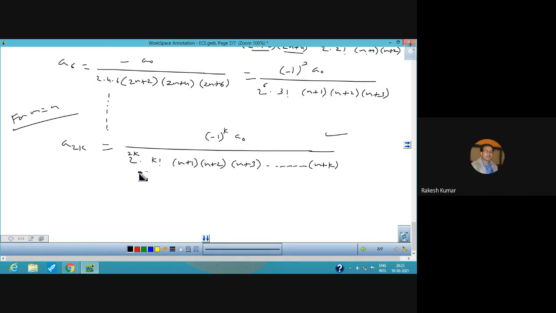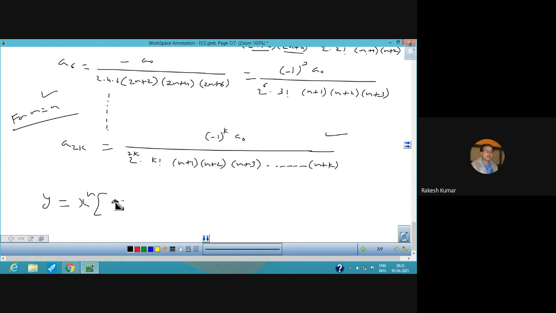As above, we get the two values of m, that is m equal to n and m equal to -n. Now the solution of the Bessel's differential equation for the case m equal to n is given by y equal to x raised to power n common.